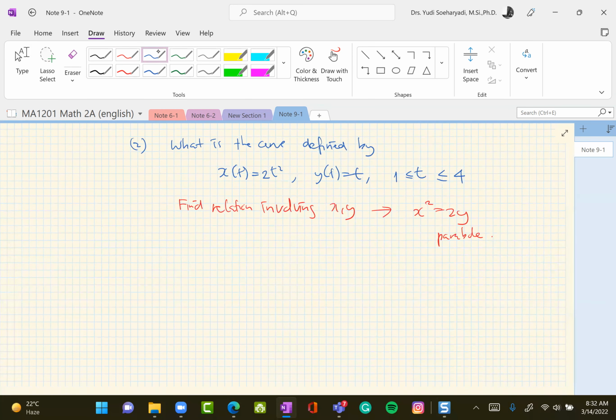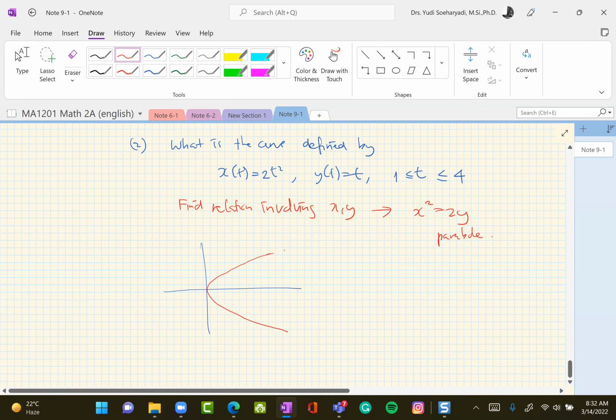So the question is, this parabola opens this way. Now the question is, is that the whole thing? No, because this is only a part of it.